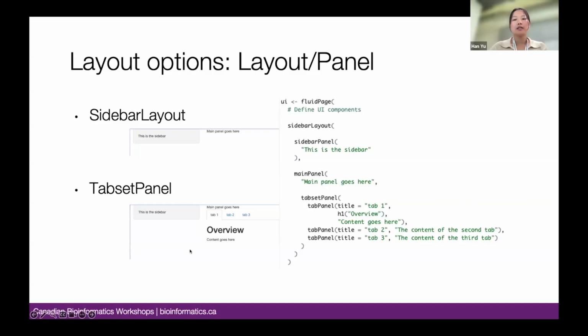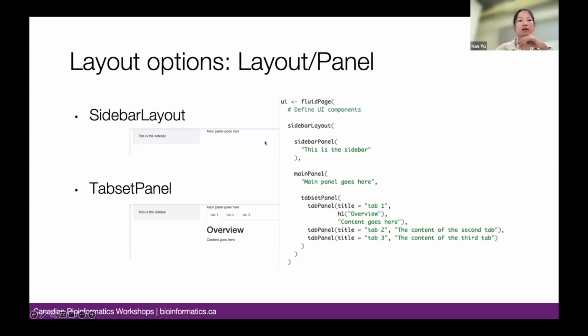It splits the page into 2 sections, a narrow sidebar, like here on the left, and a main content panel on the right. The sidebarPanel is where we usually put input controls like sliders, drop-down menus, or buttons. Right now, it just has a simple text placeholder, but in a real app, this would be where users adjust the settings.